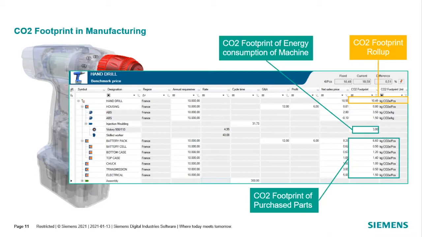We will calculate the CO2 footprint of the machine. So now we will show the BOP, not only the BOM, so the manufacturing BOM or the bill of process, where you have the same view. In this case, instead of the BOM editor, we will use the quick editor.